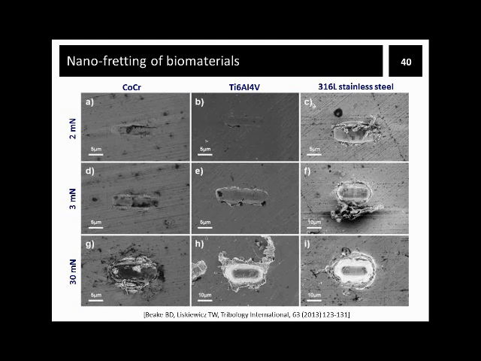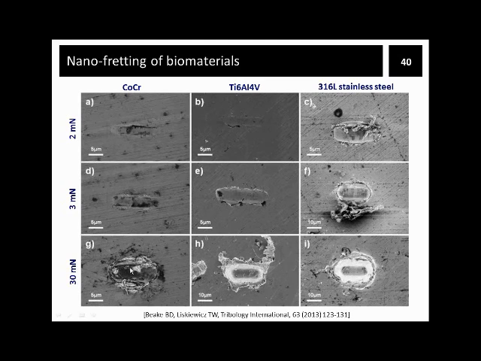The probe depth measurements obtained directly from the fretting experiments, indicating the extent of wear, can be compared here with the scar morphologies revealed on SEM images. Again, the least wear amount is observed under increasing load from 2 to 30 millinewtons for cobalt chrome alloy.